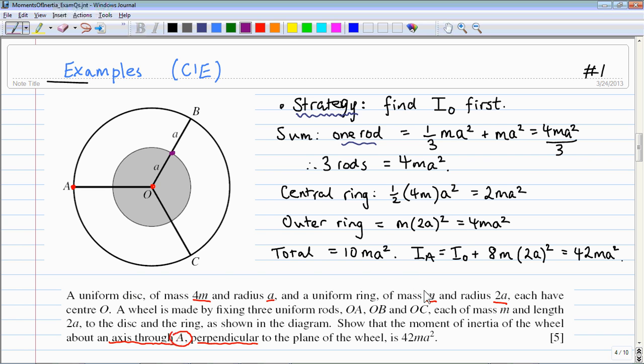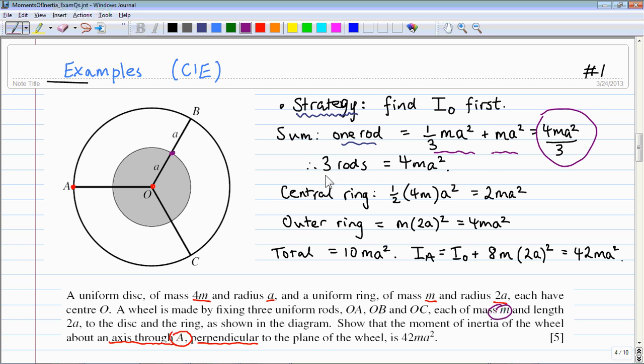Each rod has mass M. Then I use the parallel axis theorem to find the moment of inertia of OB about O. I've added this from MF10, using the parallel axis theorem to get 4MA squared over 3. That's the moment of inertia of OB about O.